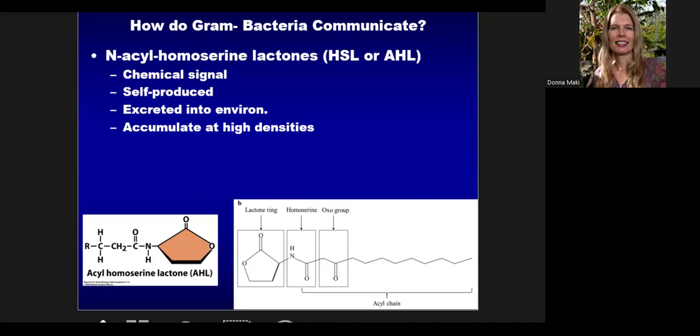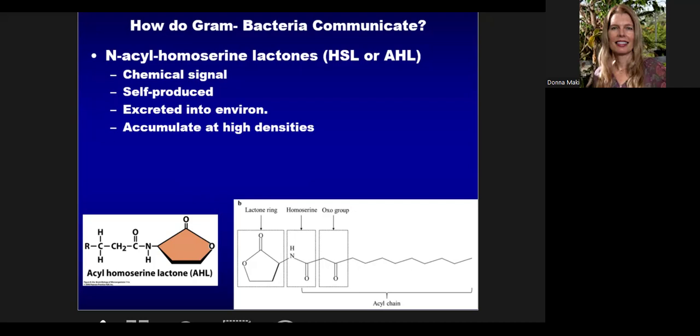But then if you can imagine 1,000 of these cells all hanging out with each other, and they're all doing this, then that chemical gets to a higher concentration around the cells. And so we say that the signal accumulates at high densities. So once there's enough cells, enough cell density, high enough population, they're all excreting this chemical, you get a pretty decent amount of that chemical.